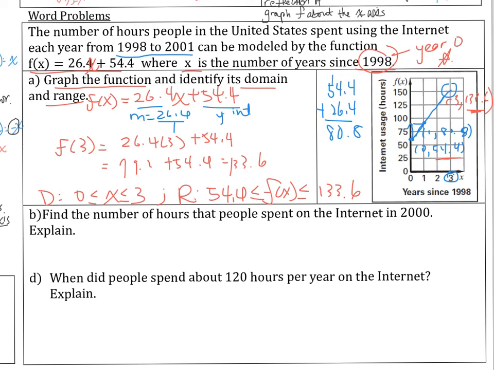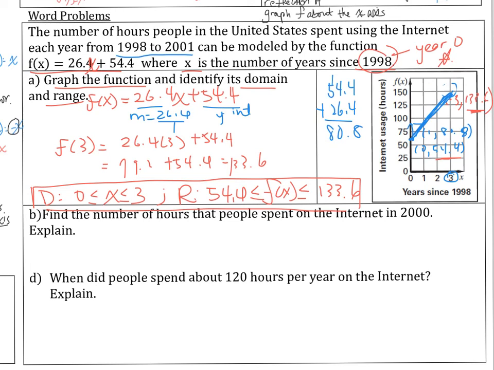Okay, and that would be our answer along with the graph. So 133.6. I should erase this a little bit because it doesn't touch 150. About here. Maybe I should fix my graph. So roughly, okay?